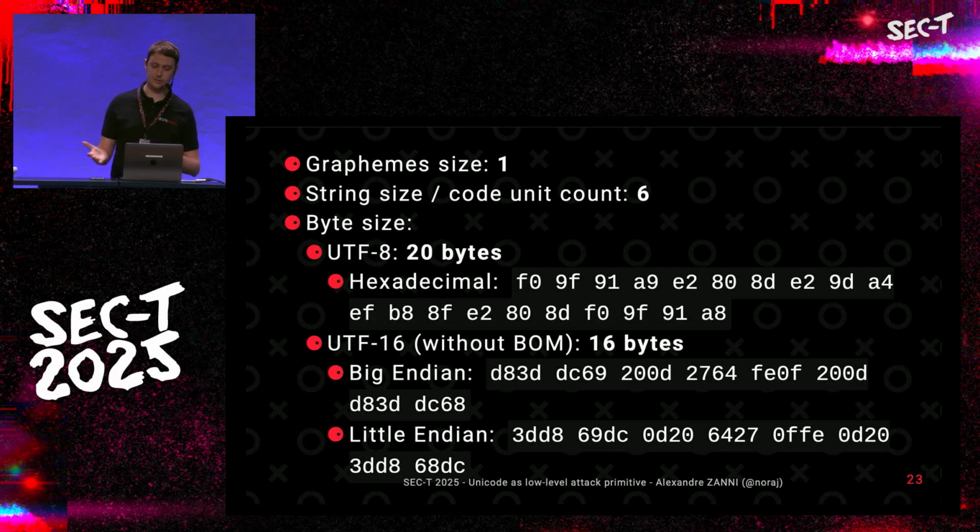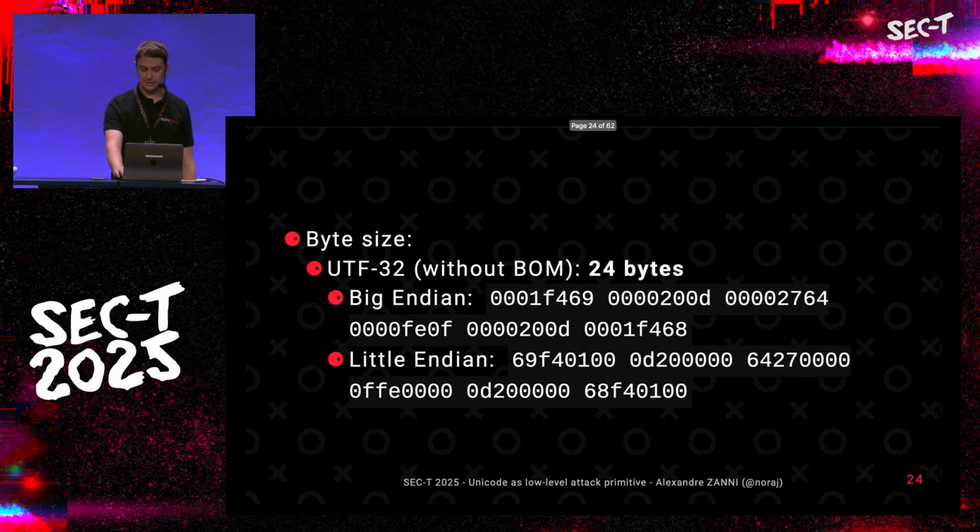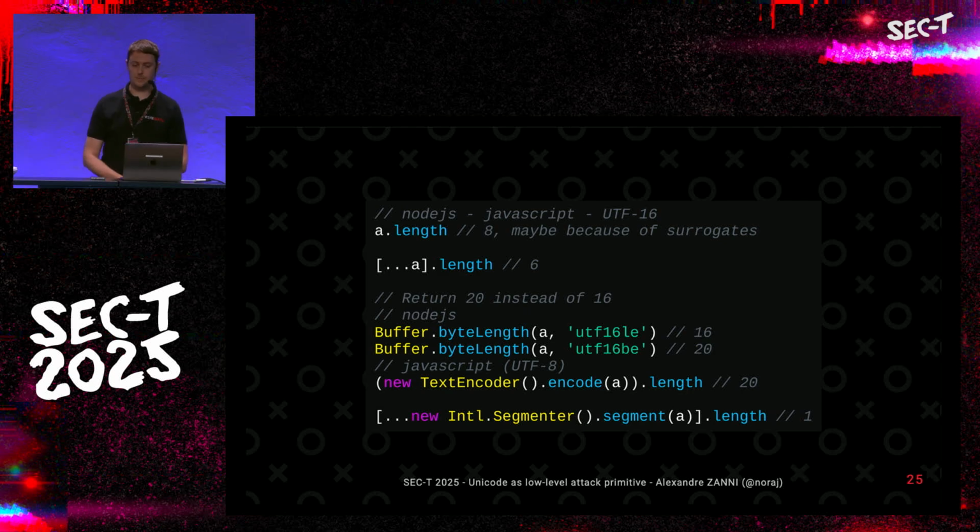And depending on the Unicode encoding you choose, the size will be different. So maybe 20 bytes in UTF-8, 16 in UTF-16, and 24 in UTF-32. In this Node.js or JavaScript code, you know JavaScript is using UTF-16. If you naively use the default length function, it will return 8. So it's none of the sizes we saw earlier.